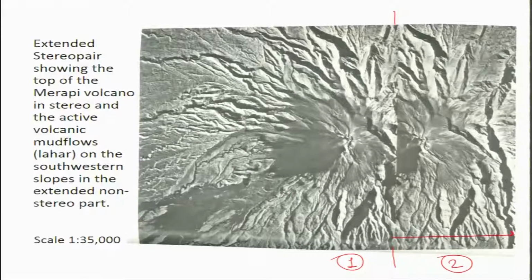So this part is also covered on this photograph. This is the overlapping part. Okay, so when we look over this with the help of a stereoscope, then we can see this volcanic cone in 3D, which has been explained very well in the first part of this course.